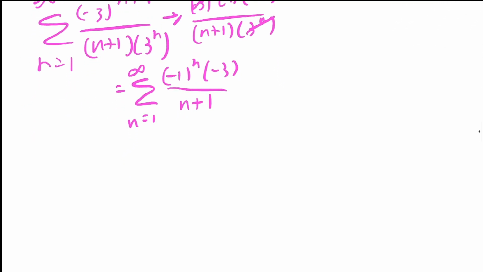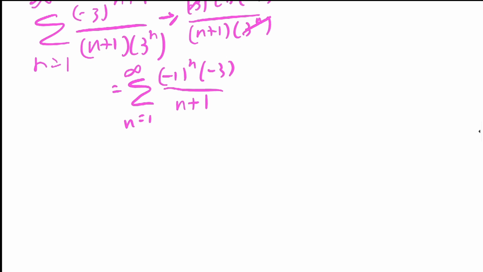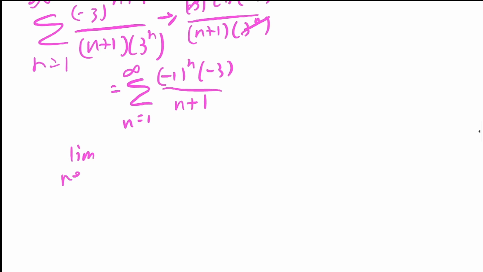So we check that it's a decreasing sequence, which it is. I'm not going to show that. And then for the really important condition, the limit as n goes to infinity of negative 3 over n plus 1. The alternating series test says just look at the part without the negative 1 to the n. Cross this out of your mind and take the limit of that, okay? And this, of course, goes to 0, so we pass the alternating series test.